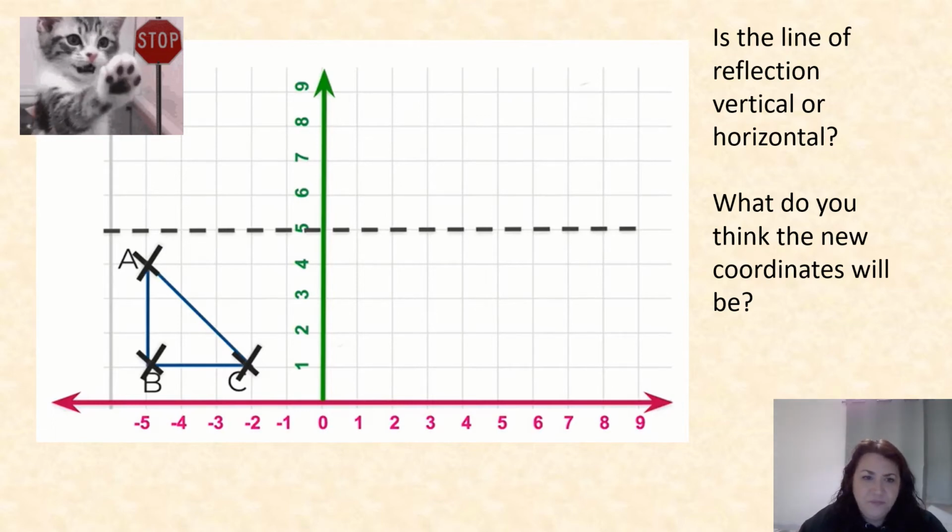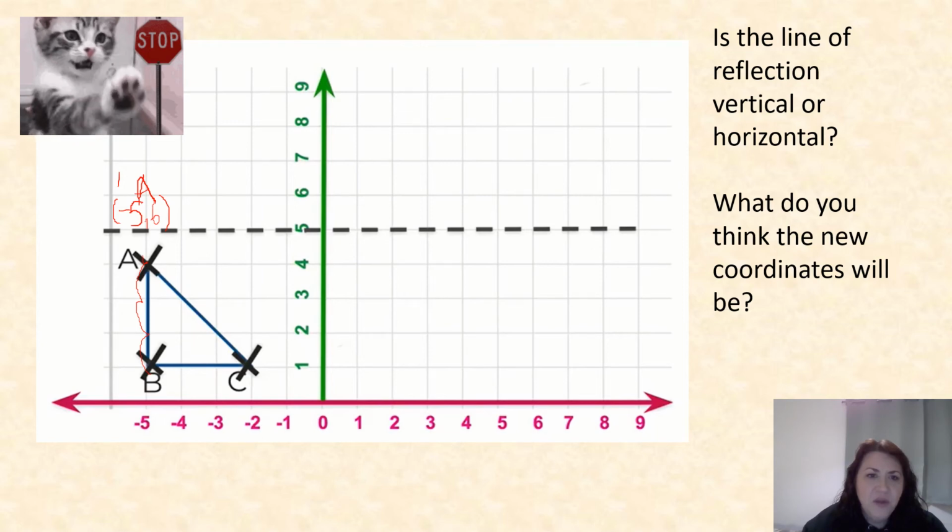Okay, so A dash is going to be here, isn't it? 1 away from the line, which would be -5, 6. B, we've come 1, 2, 3, 4 away from the line. Oh, pussycat. 1, 2, 3, 4. It's going to be about here under the cat, which would be -5, 1, 2, 3.